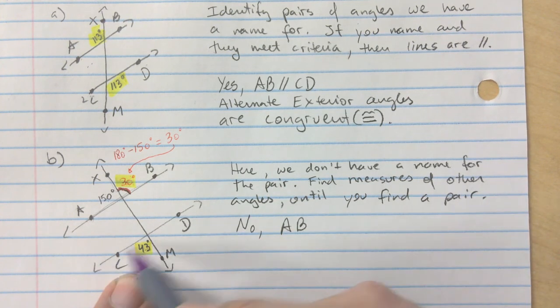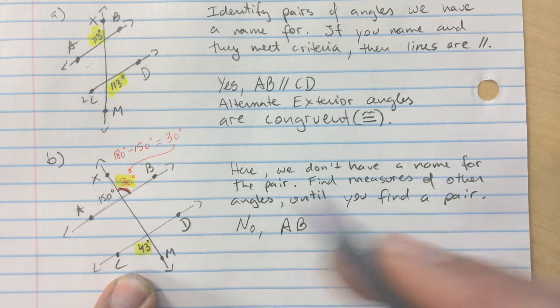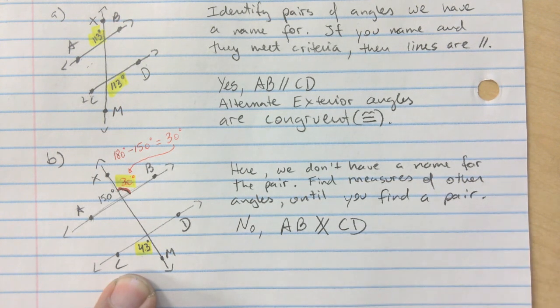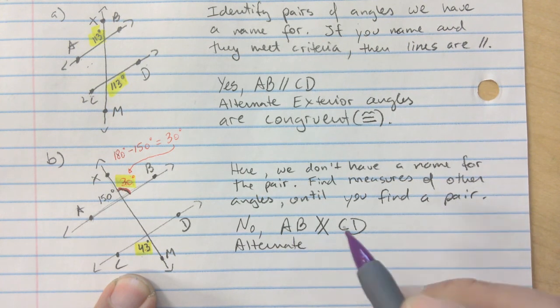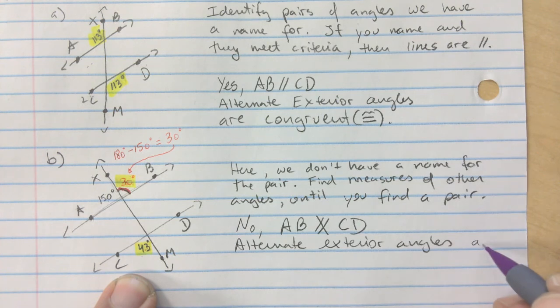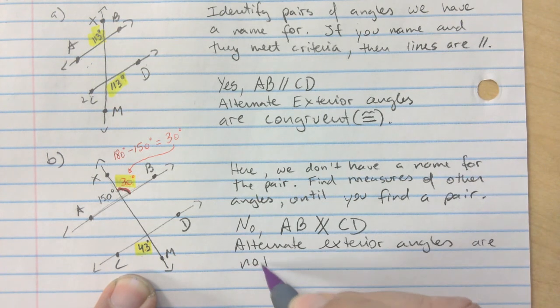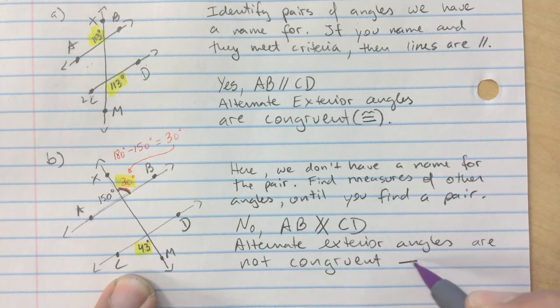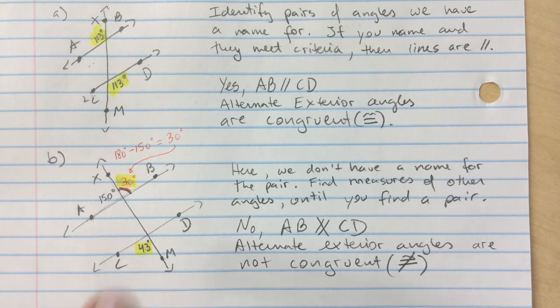AB, this line right here and this line right there, is not parallel to CD. Alternate exterior angles are not congruent. Right? You can use one of those.